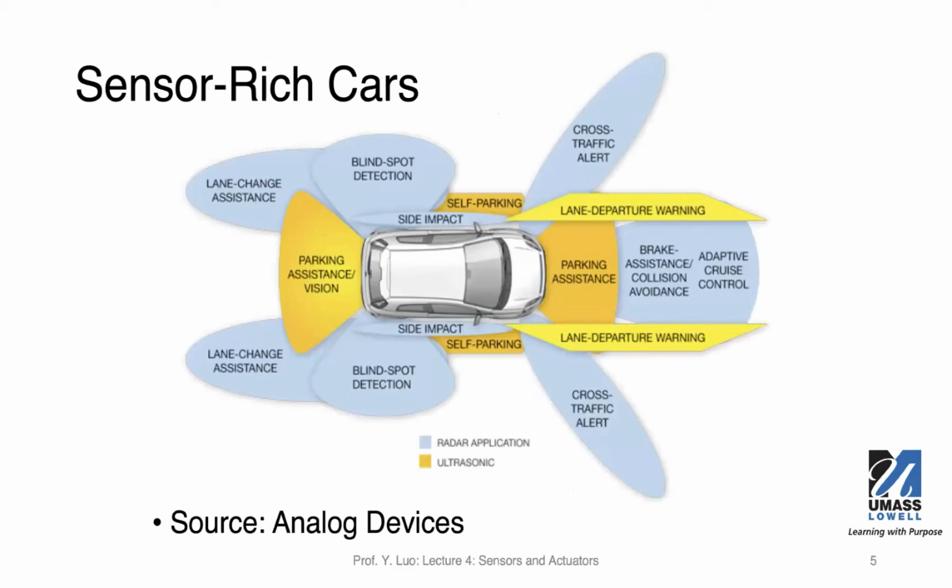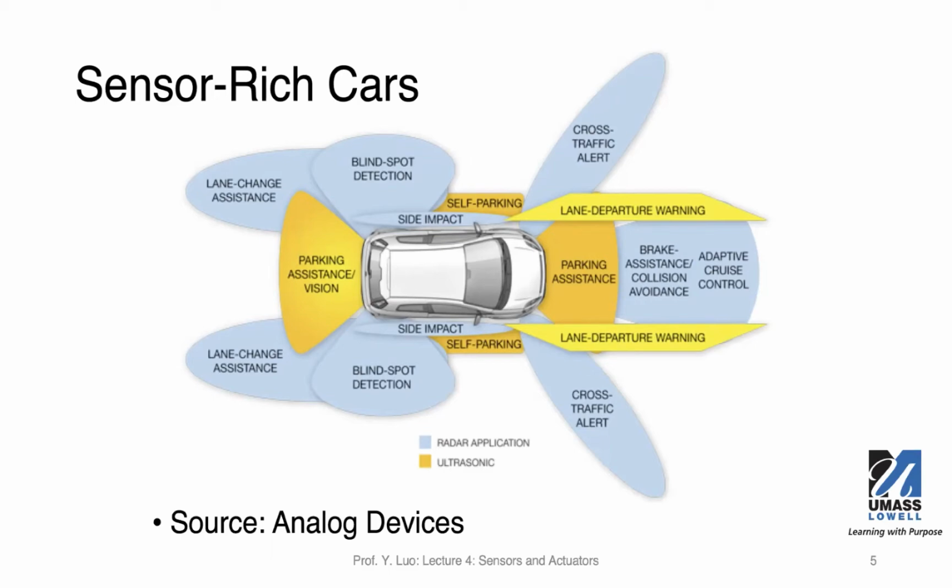And for a modern car, there are a lot of sensors equipped, from parking assistance, brake assistance, traffic alert, lane departure warning, side impact, parking assistance, blind spot detection. So all these fancy systems on modern cars are enabled with sensors.